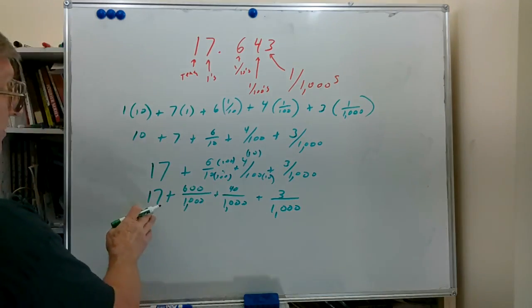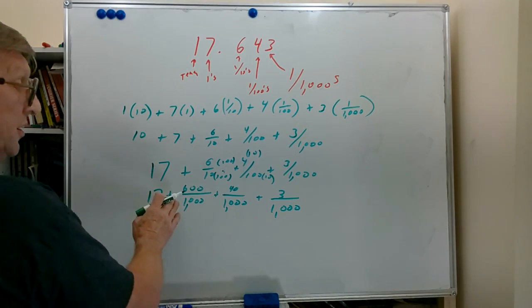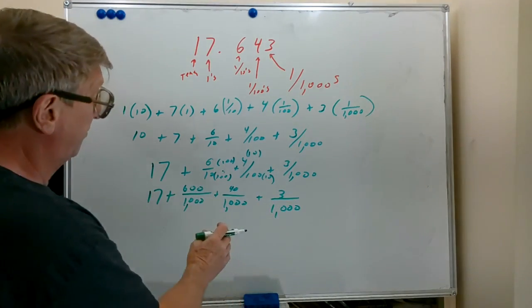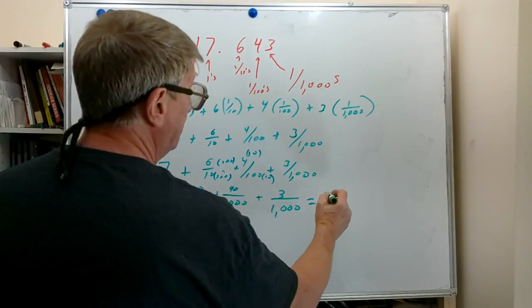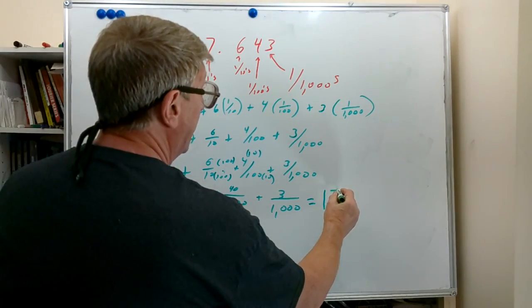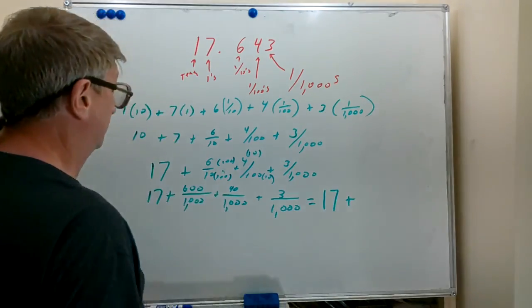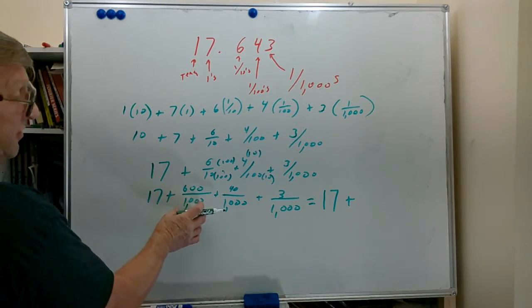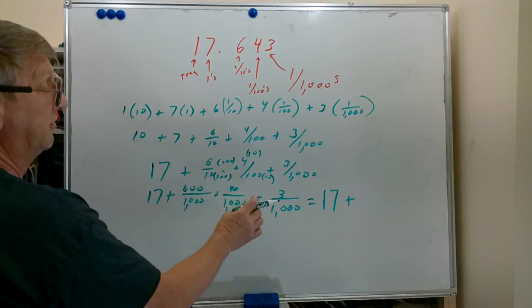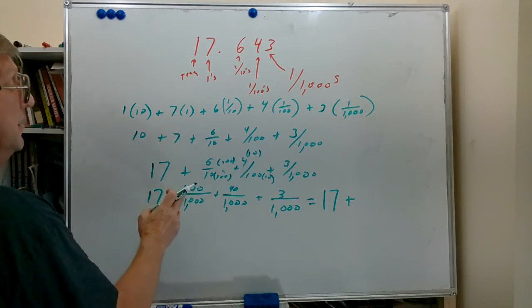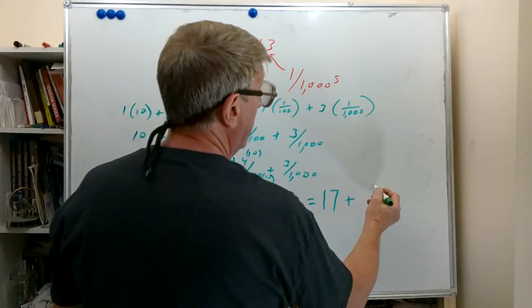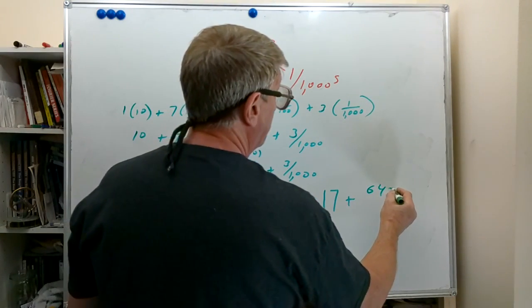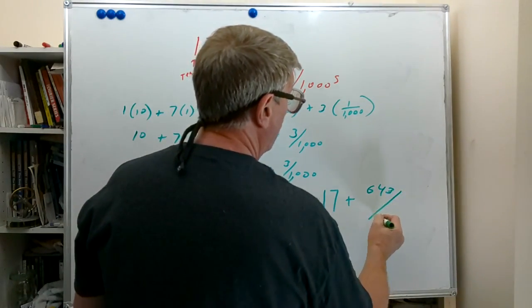So now we have a whole number, plus 3 fractions with the same denominator of 1,000. So that's equal, in mixed number format, to 17 plus 600/1000ths plus 40/1000ths plus 3/1000ths. 600 plus 40 is 640, plus 3 is 643. 643 over 1,000.